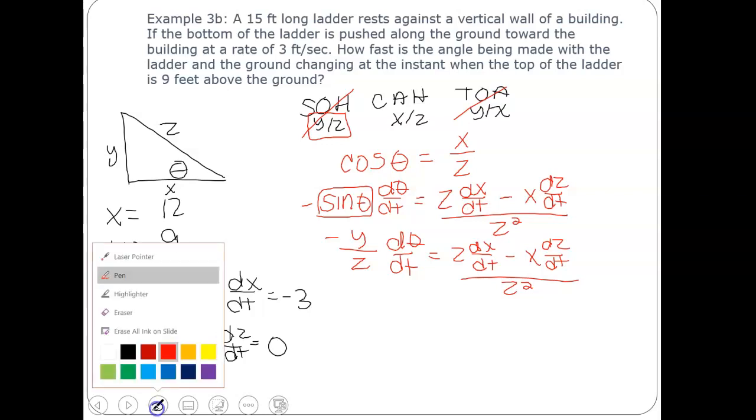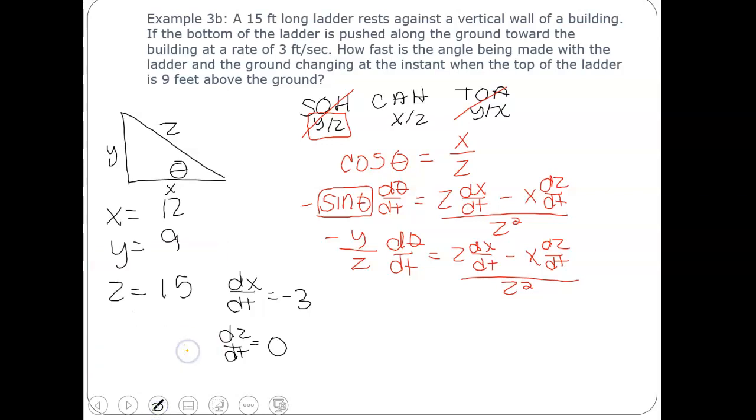What's really easy and nice is dz dt is 0, so that x dz dt is gone. Now you have z over z squared. Well, what do I know about z divided by z squared? One of them goes away.